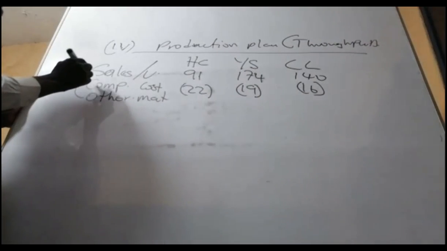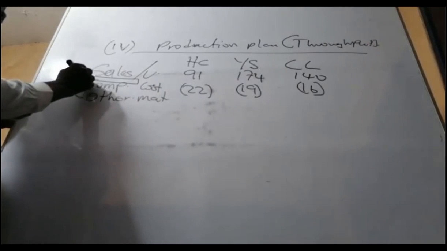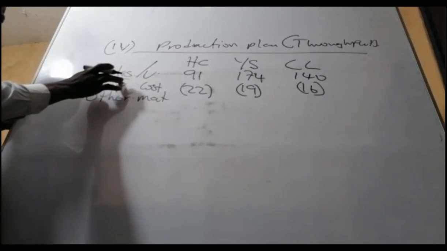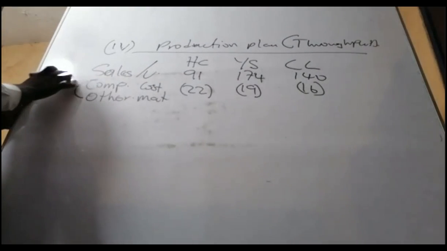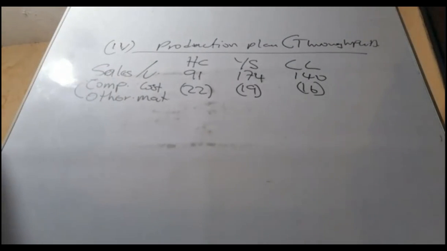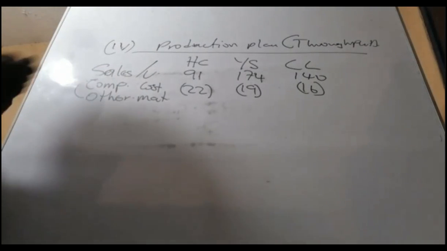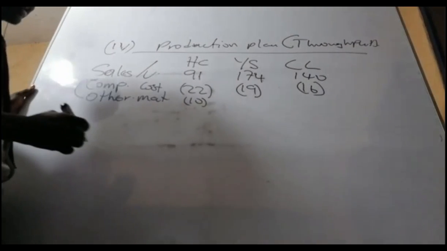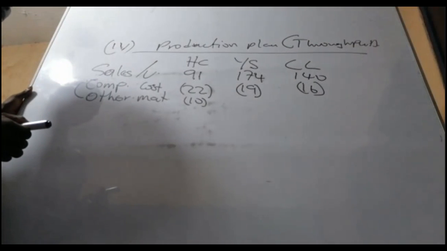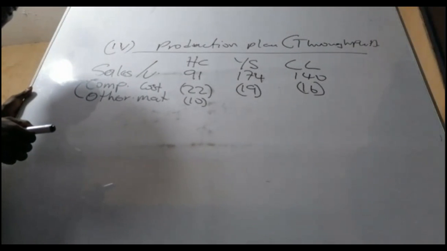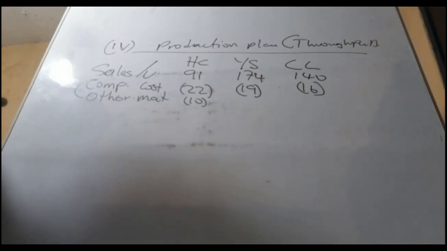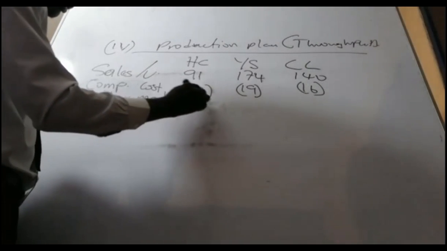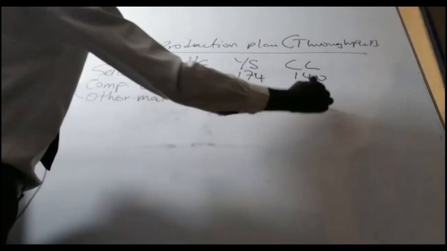Then we have the input here less material cost, because you deduct material cost to get the throughput. So what's the other component cost? The other component cost is 10, 10, and then other material cost: 23, 11, and 14.